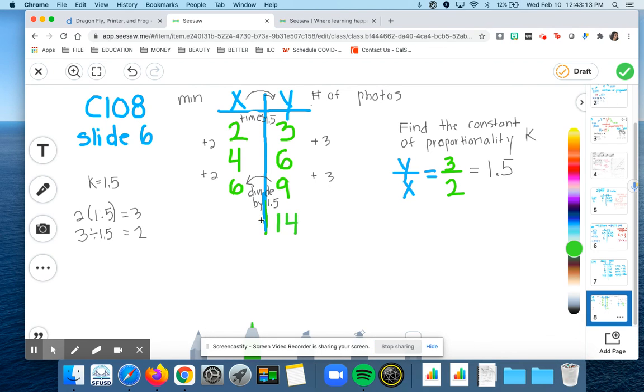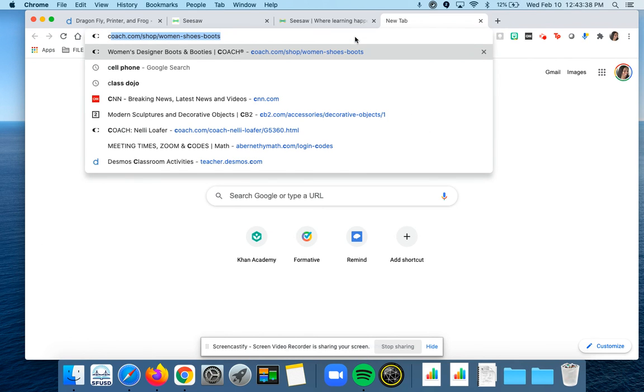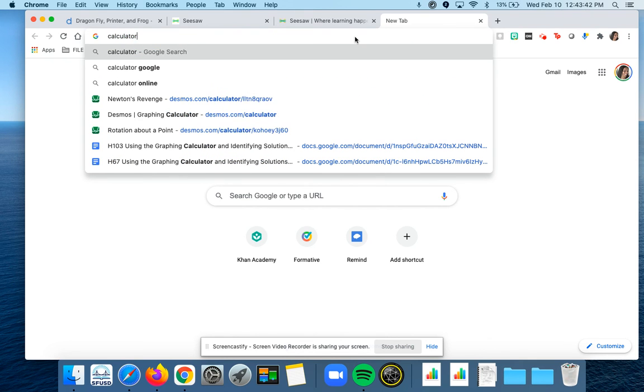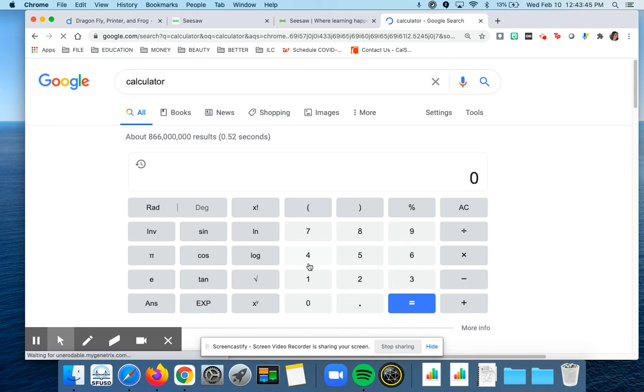So I'm going to do 14 divided by 1.5. When you're in class, you should have a calculator open. How do I get a calculator? I just Google calculator, and I can use it to do these problems.